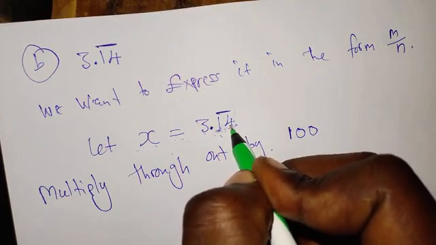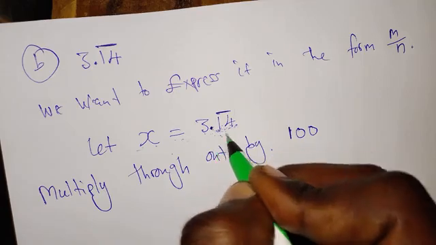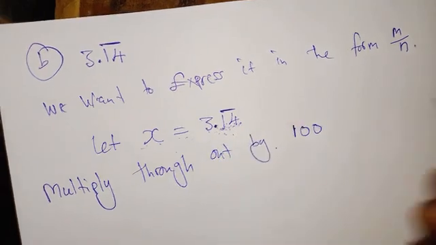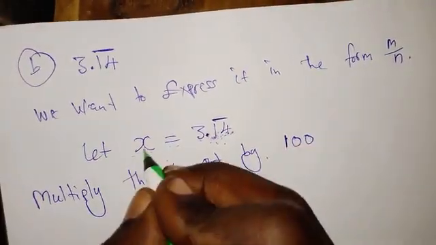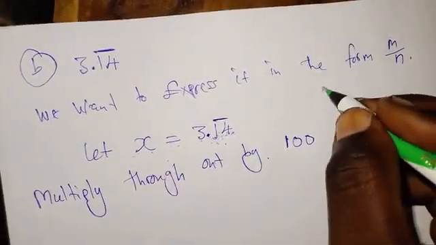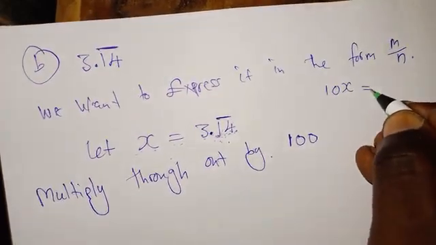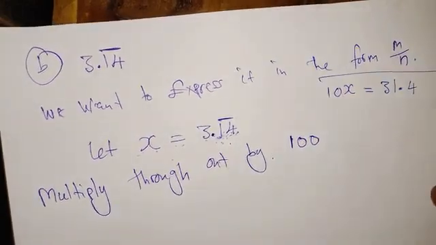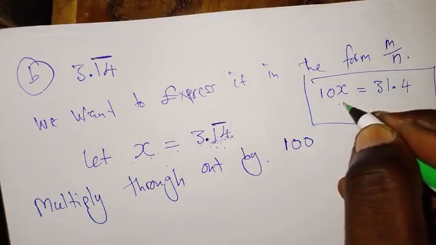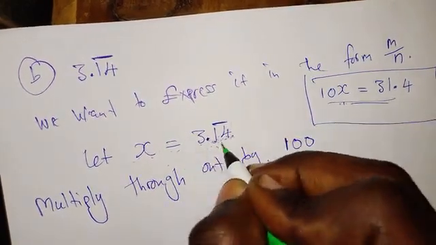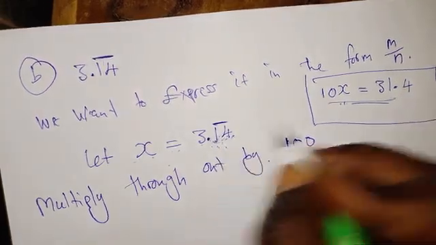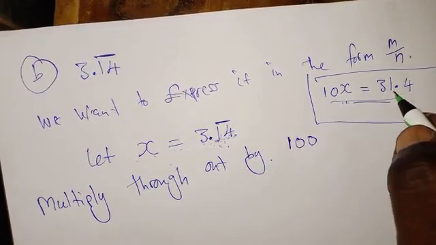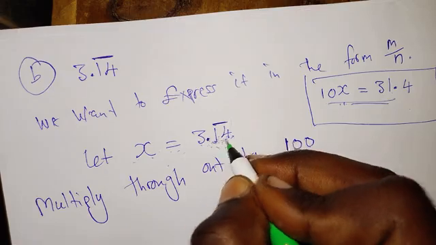So the other expression, after the point, I need to have 1 4 again. Now look at this. If I multiply by 10, I'm going to have 10x equal to 31.4. When you compare the two, do they have the same repeating decimals? No. This one is 4, but this one is 1 4.